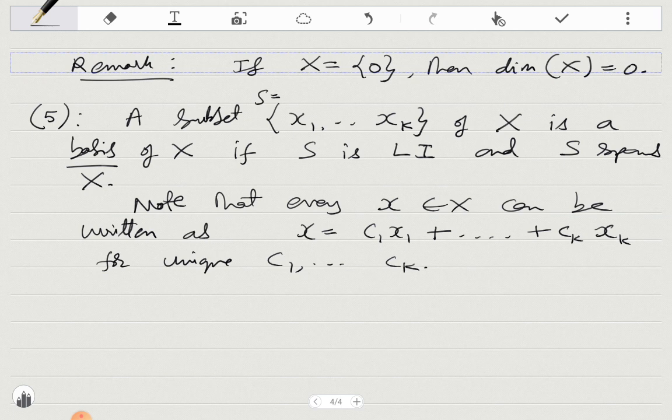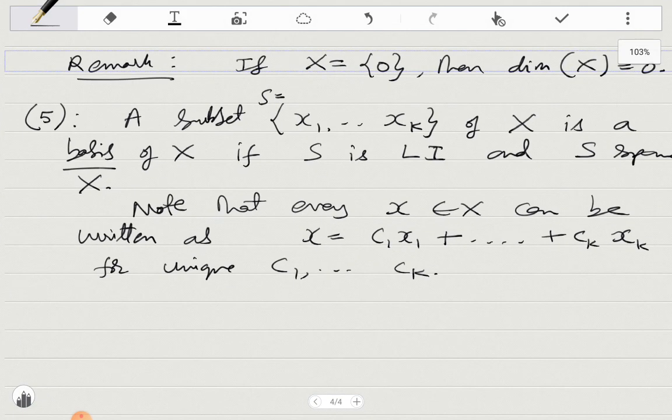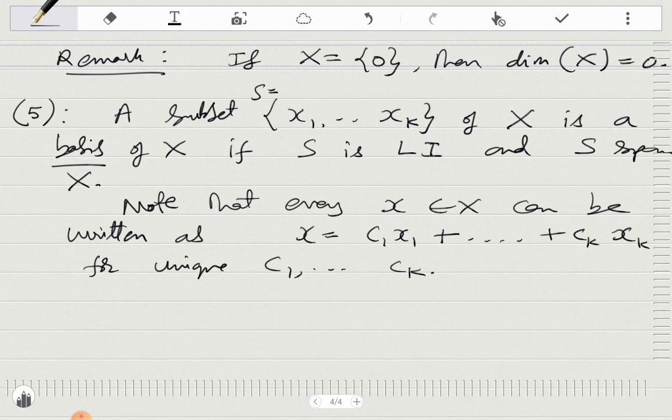So since these are unique, you are given a vector, you'll get a bunch of k real numbers, and these are called the coordinates of x.